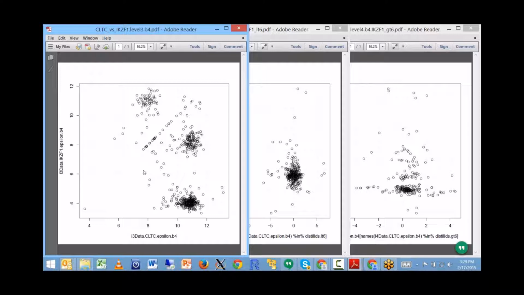So what happens is that whenever its observations are below the detection limit, we get this picture here, meaning that all of these measurements are actually measurements for the CLTC gene, the x-axis gene.